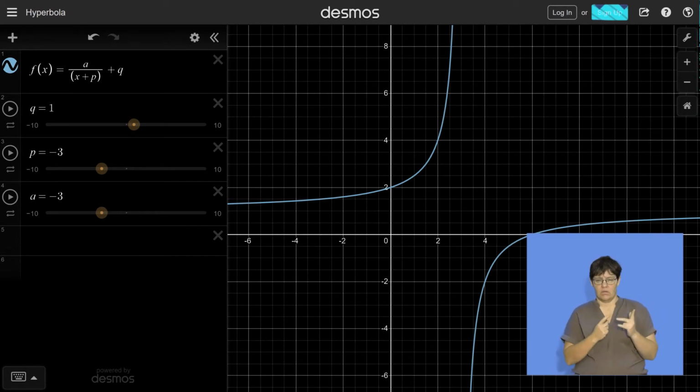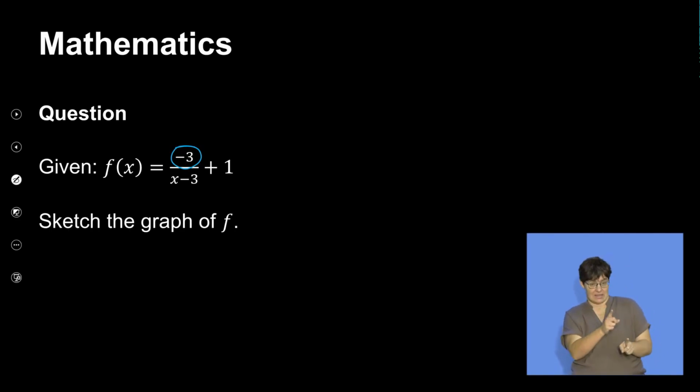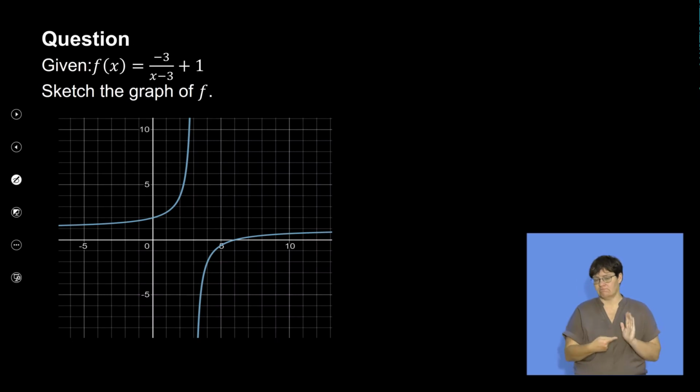I then reflected it about the y-axis, where it changed the sign and became a negative, which is the second quadrant and the fourth quadrant. And then I shifted this 3 units to the right and then 1 unit upwards. So to answer the question, sketch this particular graph, our graph will then look like this.